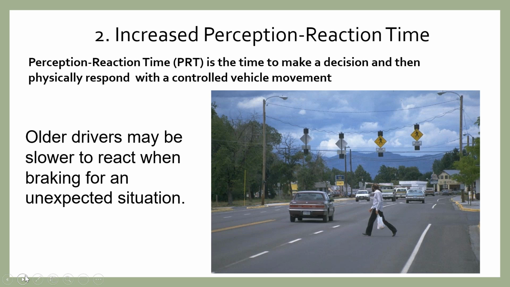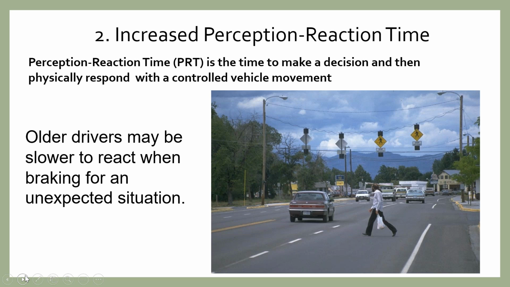Whatever the condition is, to see it is one thing, but then to cognitively perceive what the appropriate action is, such as braking or swerving around, making a lane change, and then executing or beginning to execute that maneuver.